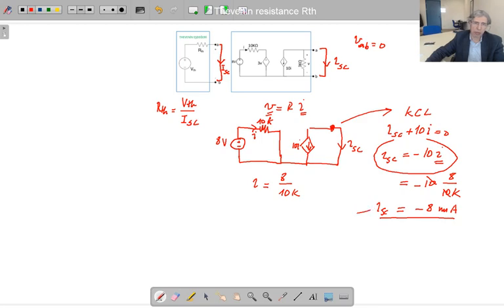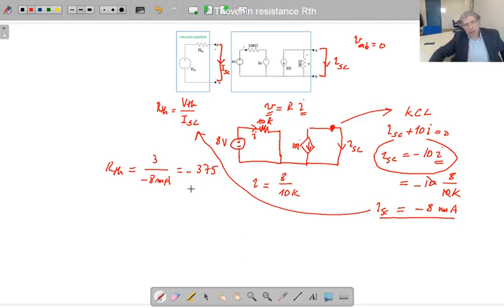So we're going to put this here, then RTH, we already found VTH 3 volts, over minus 8 milliamp, you end up with minus 375. So it's a negative resistance.